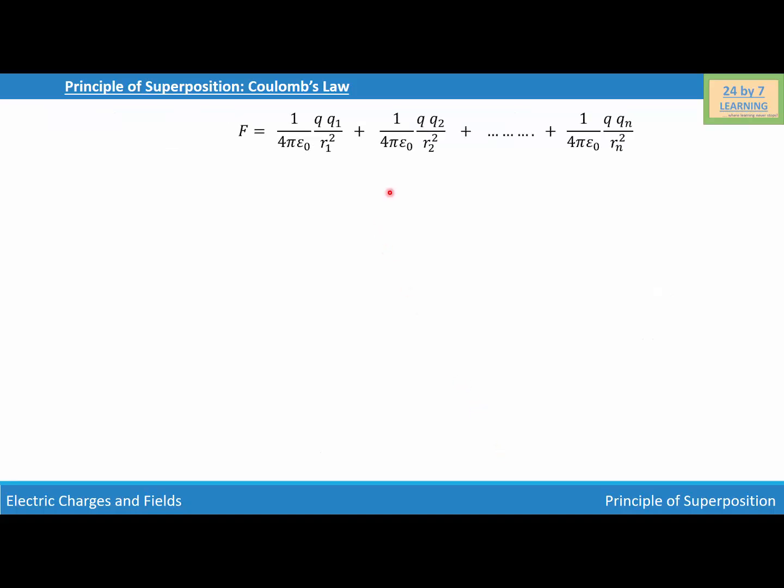If you look closely you can see 1 over 4 pi epsilon 0 is common, and we also have q common, and if we take these two terms common we will write F is equal to q over 4 pi epsilon 0, and inside the bracket we have q1 over r1 square plus q2 over r2 square plus ... plus qn over rn square.